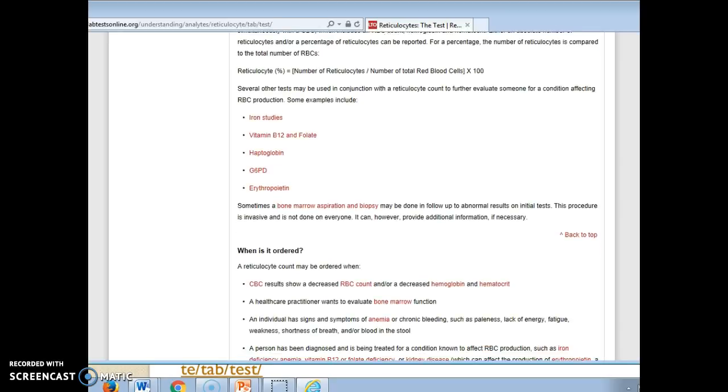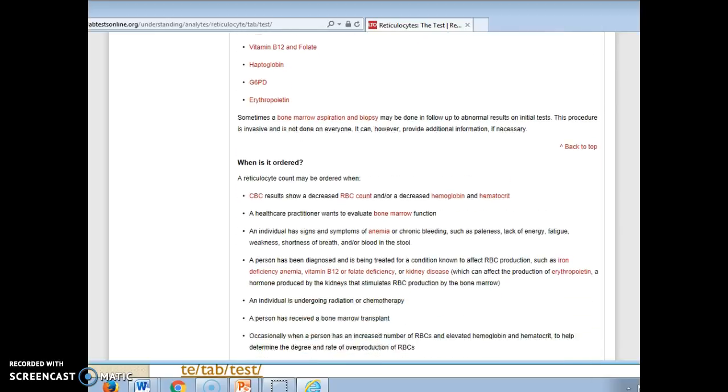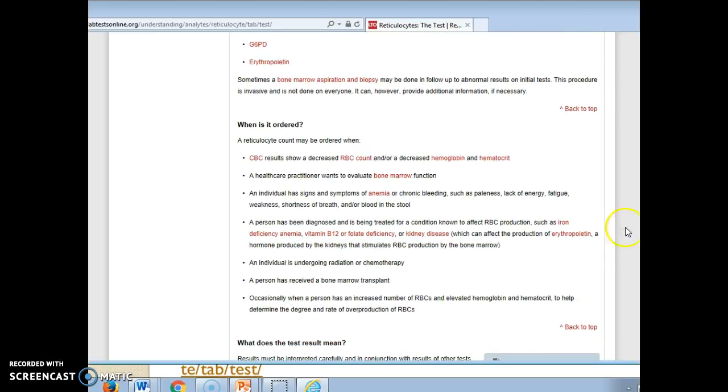I'm going to scroll down again, and it's ordered when we see the anemia sometimes. We're looking either at bone marrow function and response, or if we are thinking that the person has an iron deficiency, and we want to be sure that their bone marrow is responding.